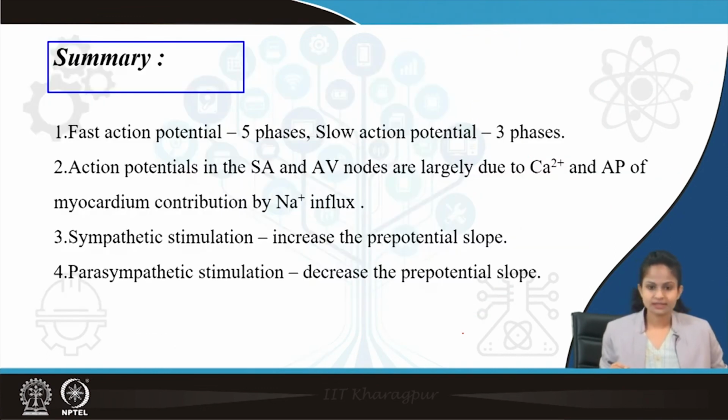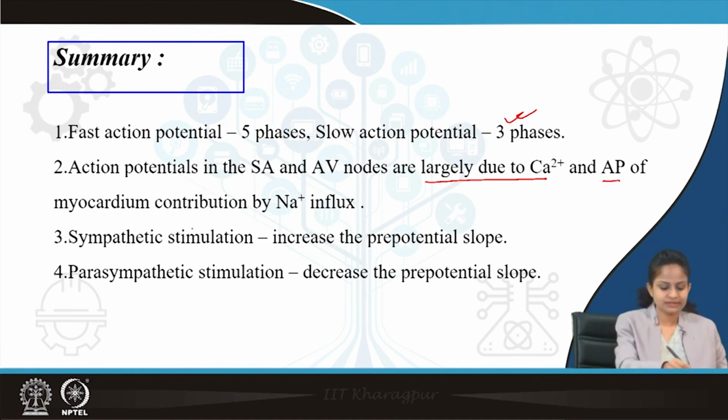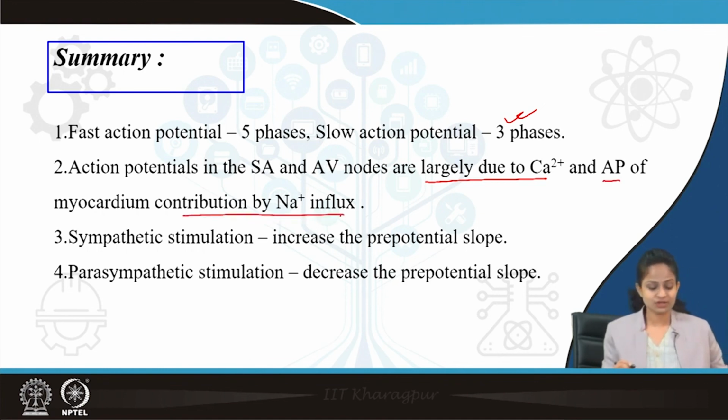With this we conclude today's lecture, and the various points we have to remember: in fast action potentials we have phases 0 to 4, that is 5 phases, and in slow action potentials we have 3 phases. The action potentials in the SA node and AV node are mainly because of calcium channel influx, while the action potential in the myocardium is mainly because of sodium channel influx.